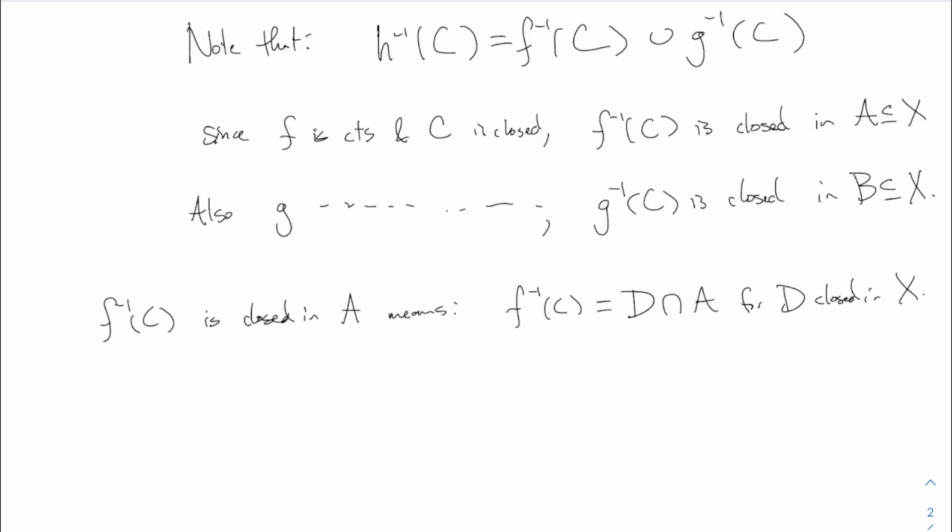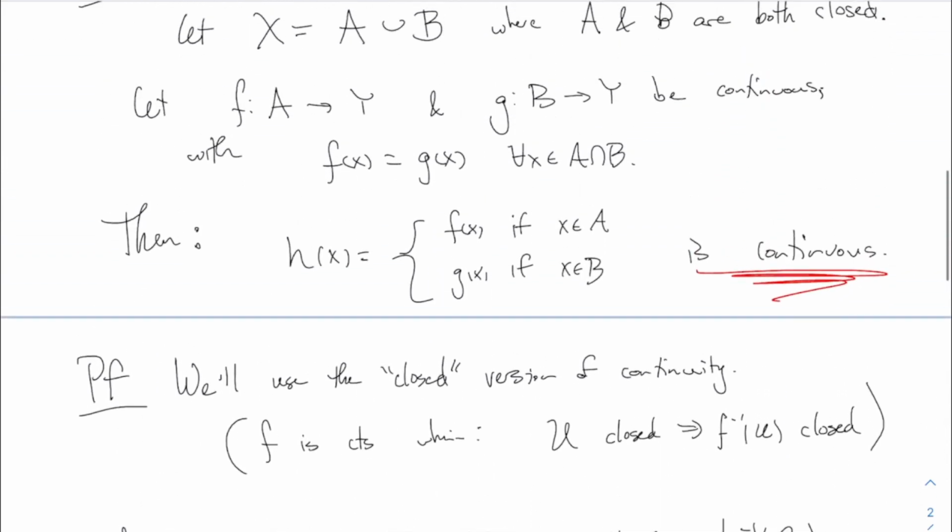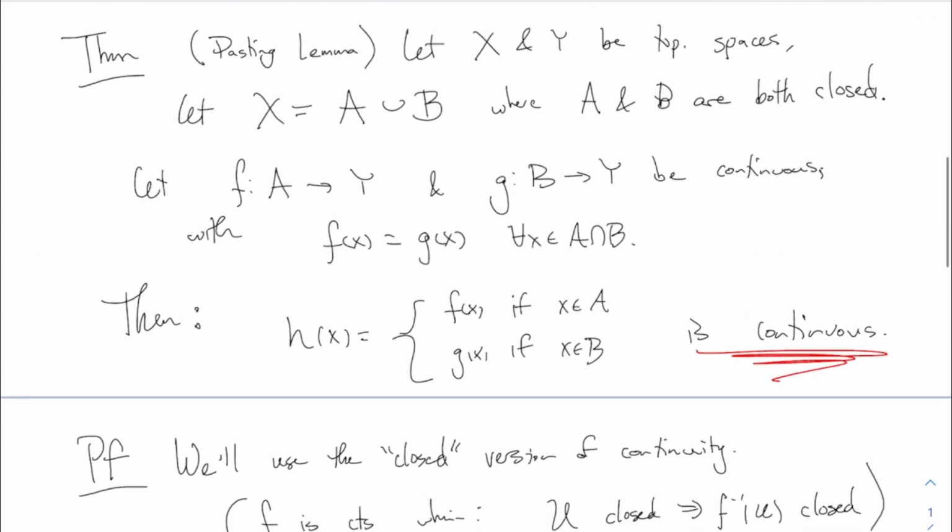Well, this is kind of implied when I say X is A union B, and A and B are both closed. When I'm talking about this, I said this is continuous.